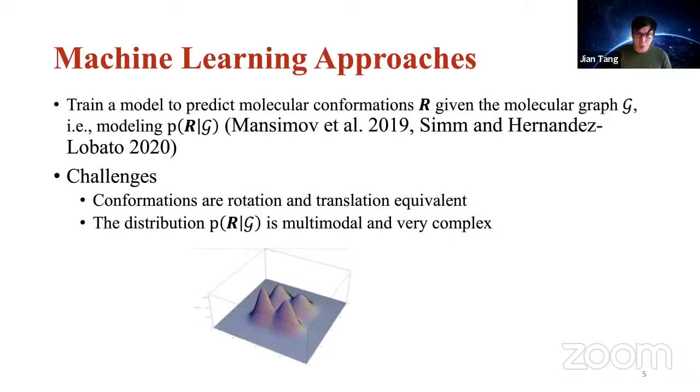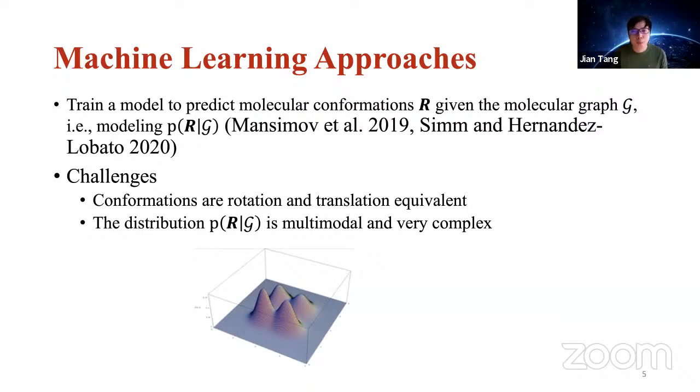And very recently, we see huge progress and interest in developing data-driven methods, or more specifically, machine learning approaches for conformation generation. Here, we are given a large set of training data. We have a set of molecules, and for each molecule, we are also able to obtain a set of conformations.